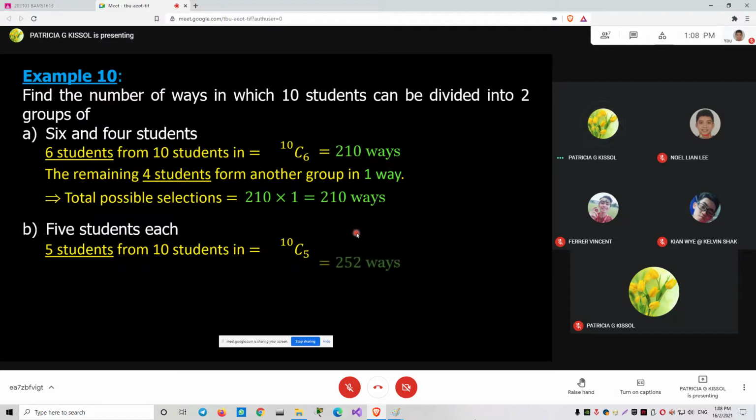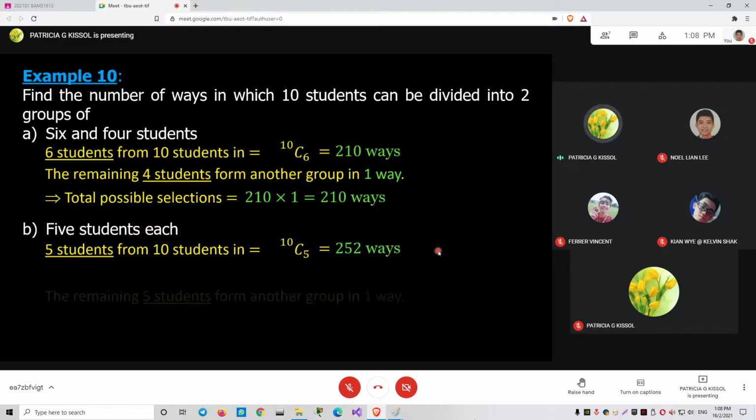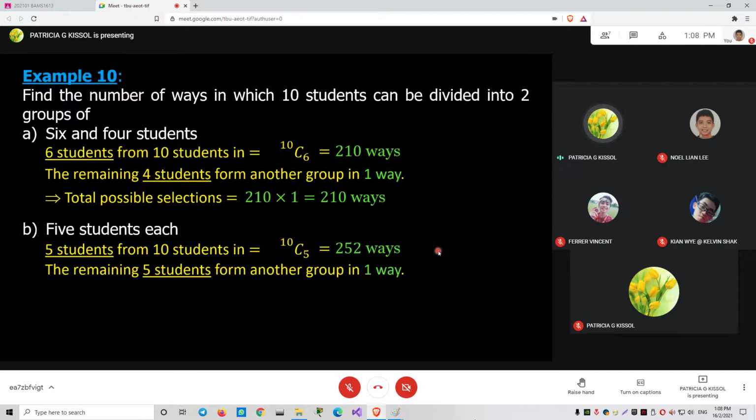If you use your calculator, that would give you 252 ways.